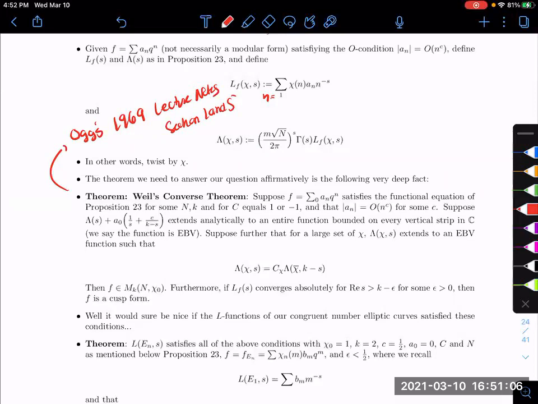Okay, so let's say I have f with a q expansion starting at 0. Okay, it's not necessarily a modular form. It's just some function with a q expansion. But I know it satisfies the functional equation from proposition 23 for some N and k and for c equals plus or minus 1.